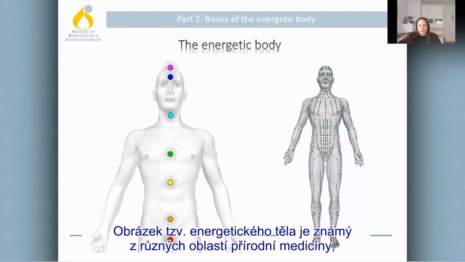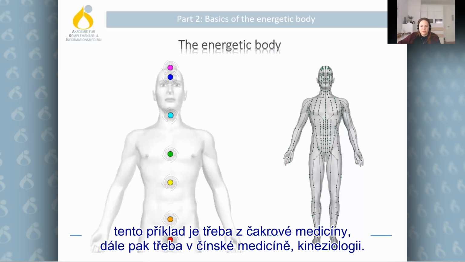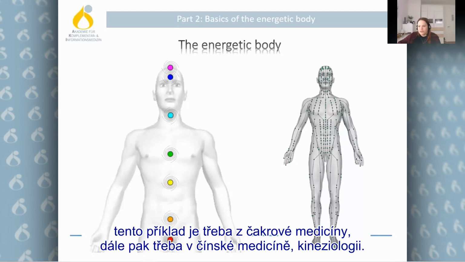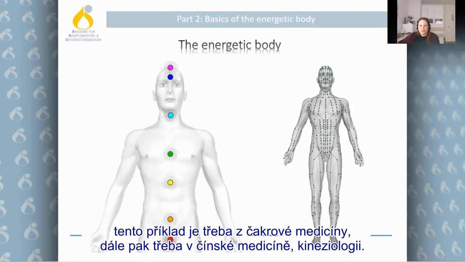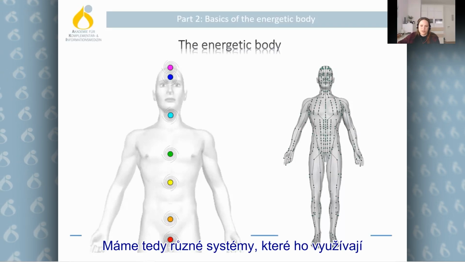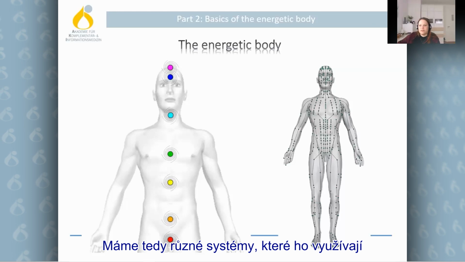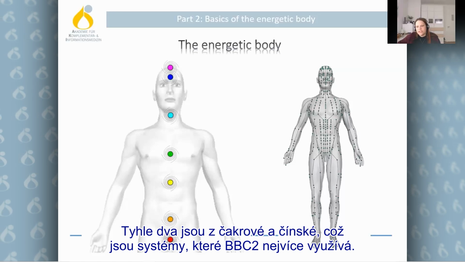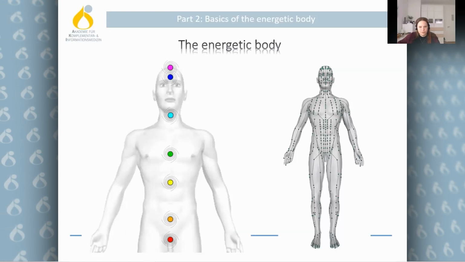The so-called energetic body is known from different areas of the natural medicine. I have these examples here from the chakra medicine and the Chinese medicine. Of course, you have the kinesiologic medicine part as well. So you have different natural medicine parts you can use for it. These tools, the chakra and the Chinese medicine, are the most important we see in the BICOM.